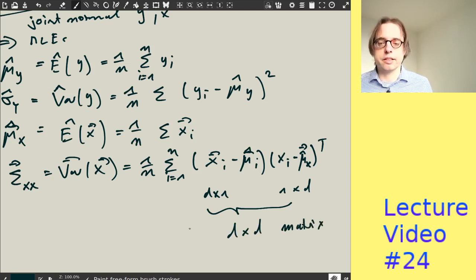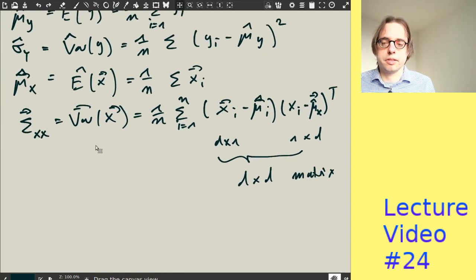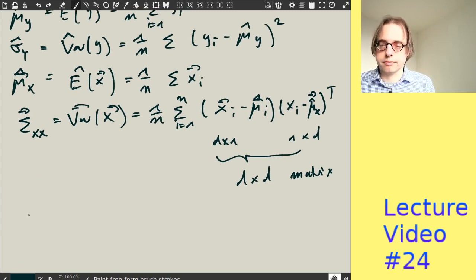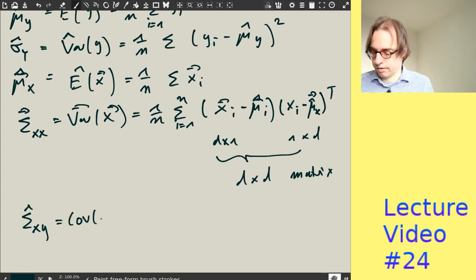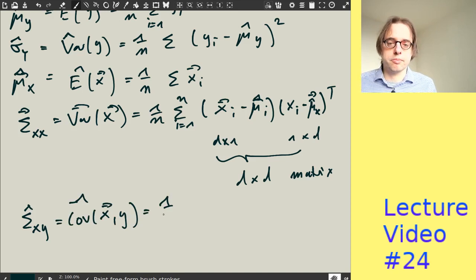And then finally we can also compute the estimated covariance between x and y. So it's cov x, y. These are all the typical maximum likelihood estimators, where we replace the expectation by the average.